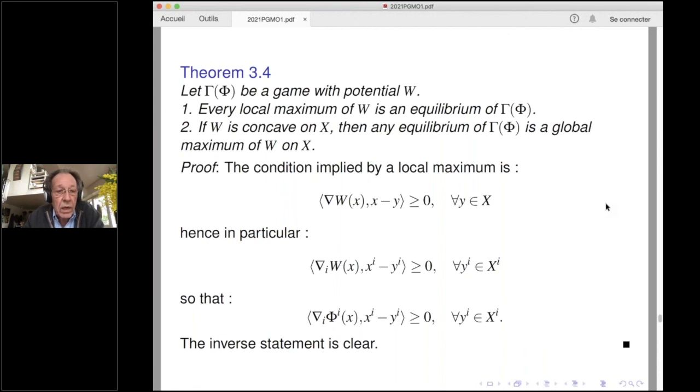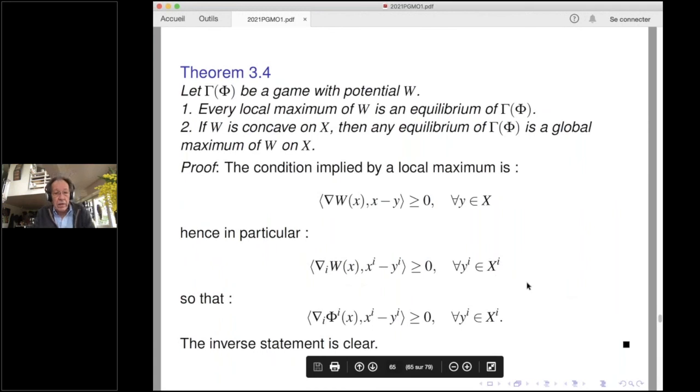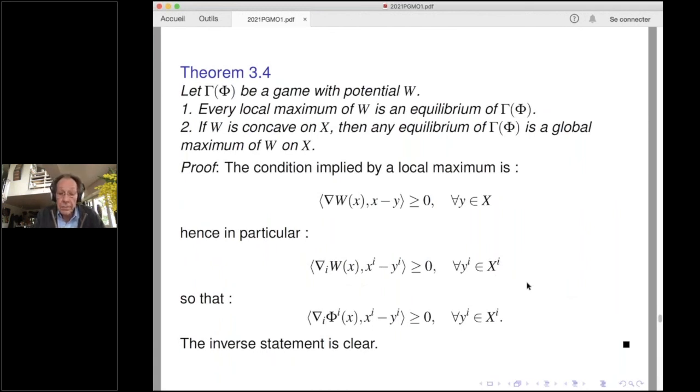This is clear because the local maximum satisfies this. This is the gradient with respect to i, and remember the gradient with respect to i is here equal to this, which is strictly positive. So in terms of inequalities, you keep the property. This is the use of potentials for potential games.